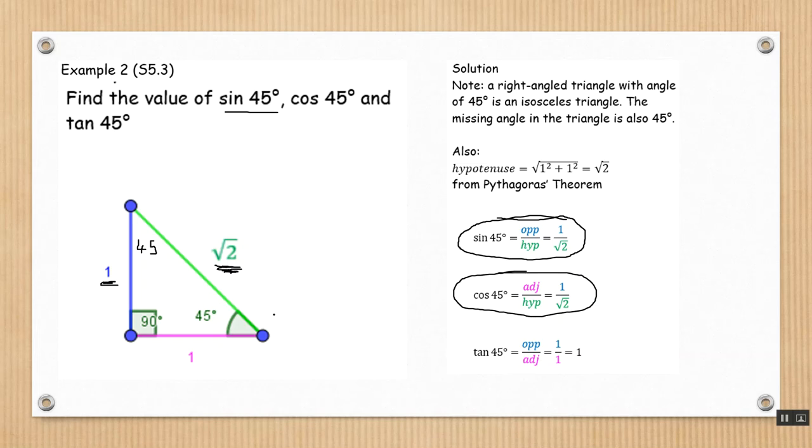And tan 45 equals 1 over 1. So these are exact values, or surds. So notice that for 45 we use an isosceles triangle.